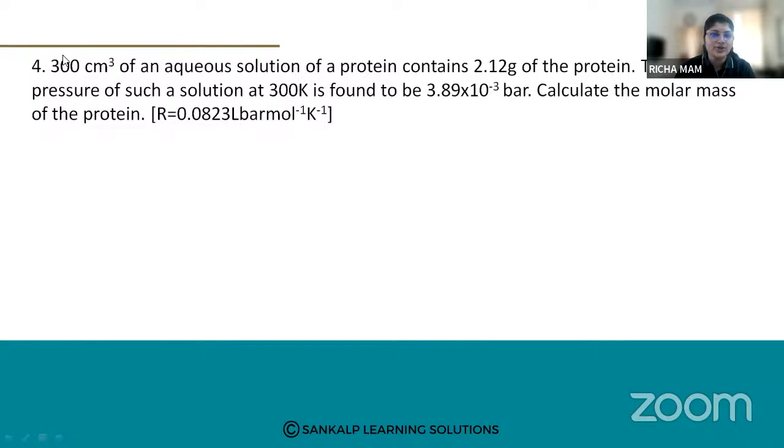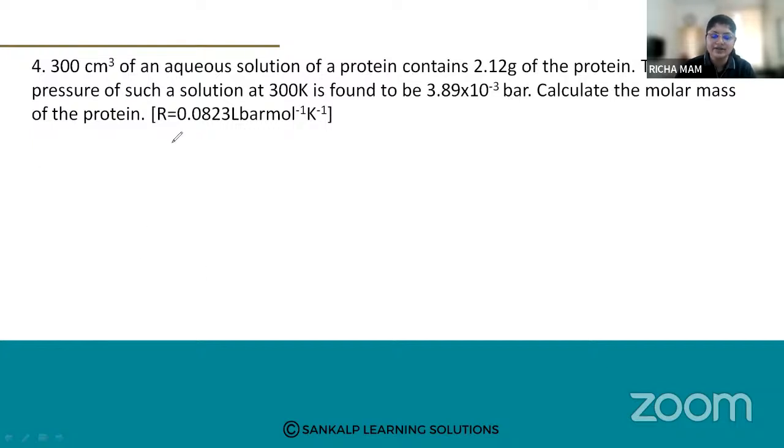Okay, we'll go for the next question, the fourth one. 300 centimeter cube of an aqueous solution of a protein contains 2.12 grams of protein. The osmotic pressure of such a solution at 300 Kelvin is found to be 3.89 into 10 raised to minus 3 bar. Calculate the molar mass of the protein.